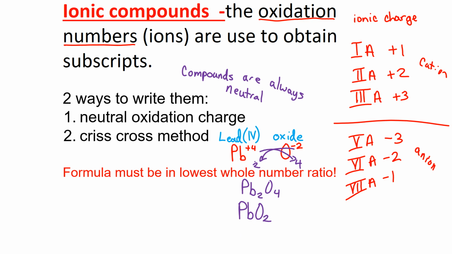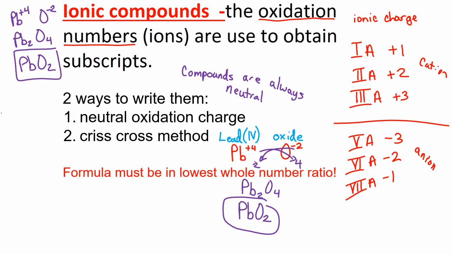Now, the reason why I know this is my final formula is because if I look at it algebraically, if I look at it mathematically, and I'll write it up here. All right, so if I look at it like that, I know that oxygen's a -2 and I have 2 of them.